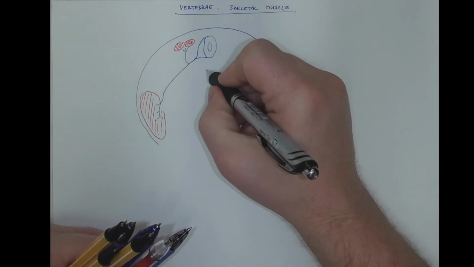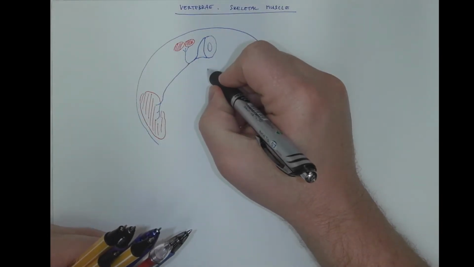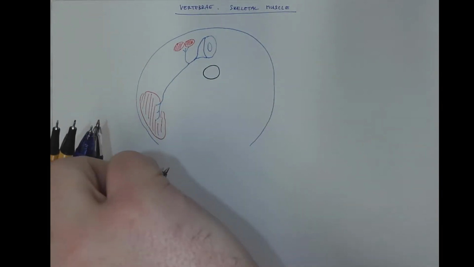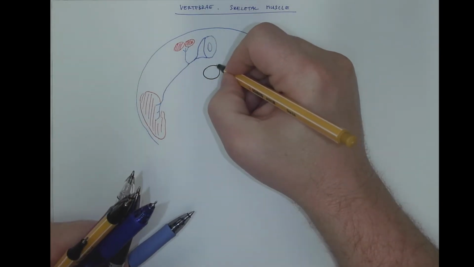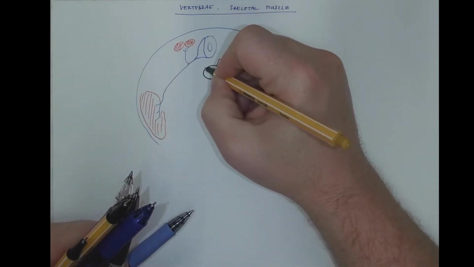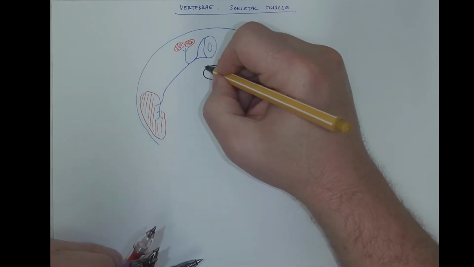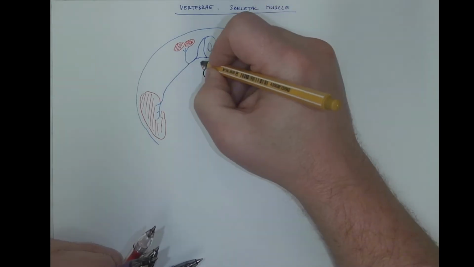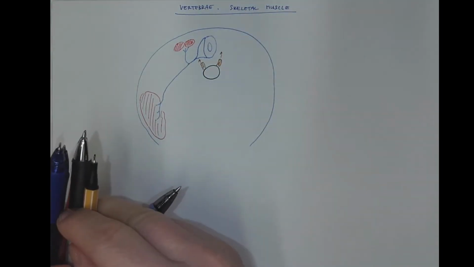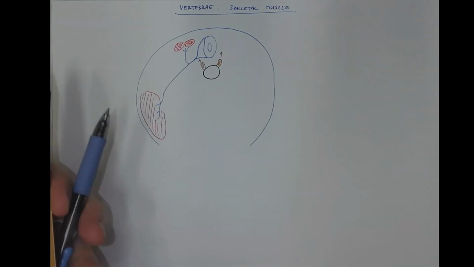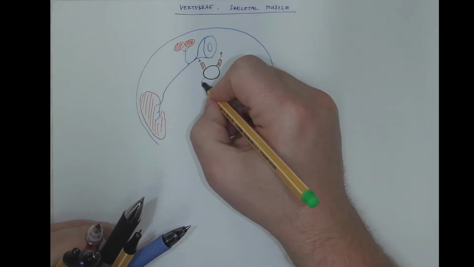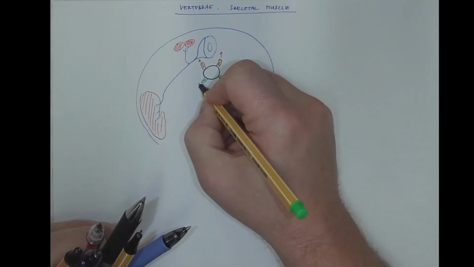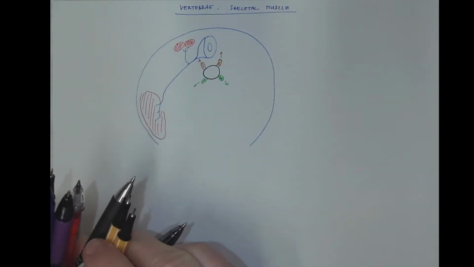Then there is the body of the vertebra, which sends processes dorsally. They are so-called neural processes. They will grow around the spinal cord, and ventrally they are costal or pleural processes growing this way.